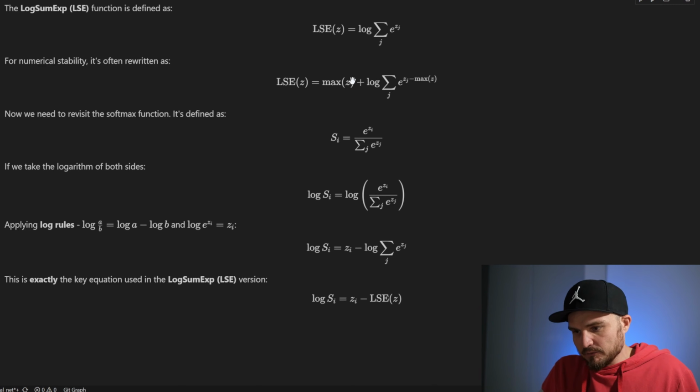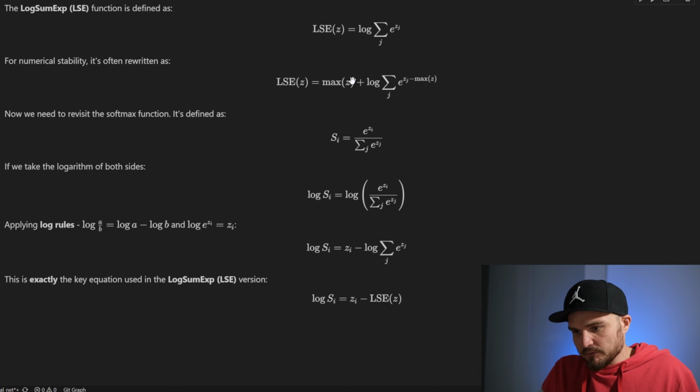At the exact point, we compute in the numerator the exponent of z at point i, over the sum of all of the terms from the vector z, where we use the exponent function for every term and sum them up.